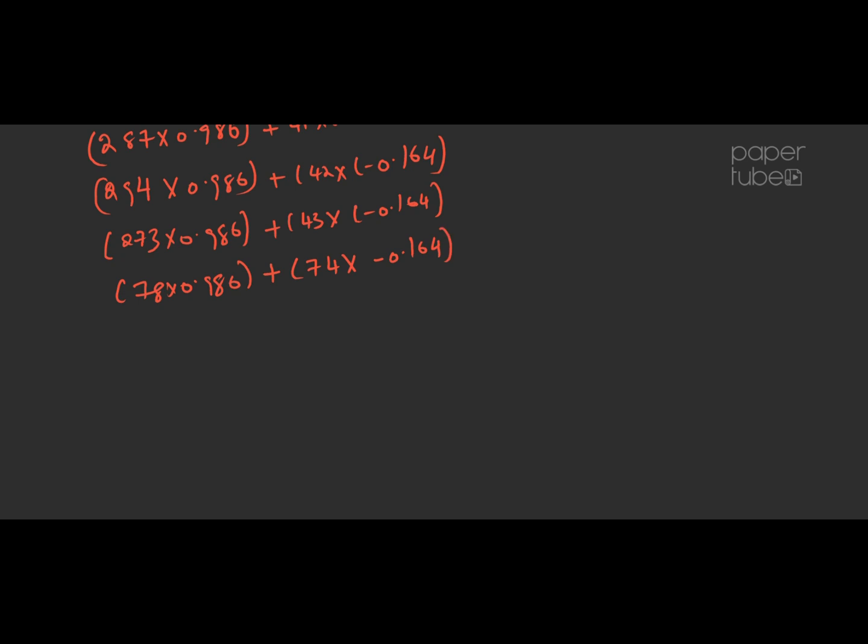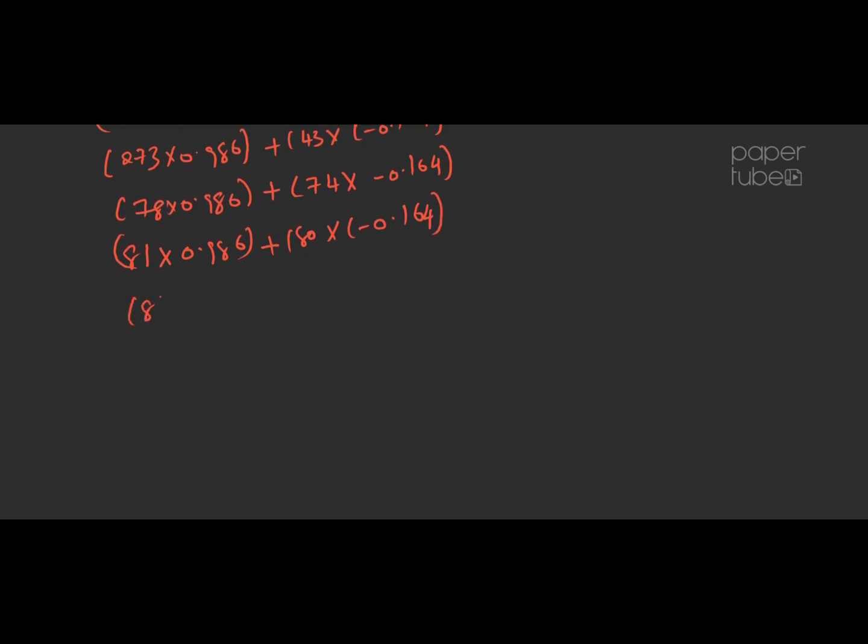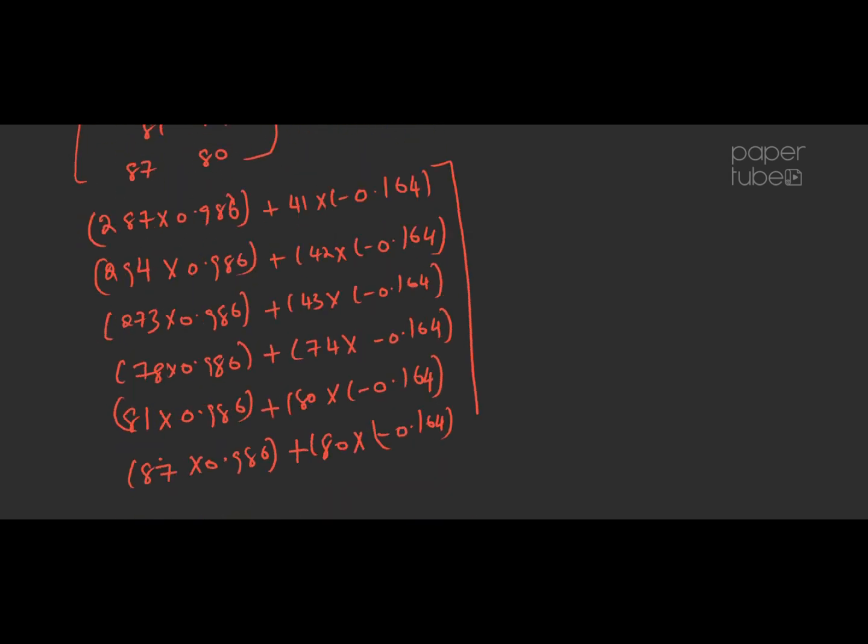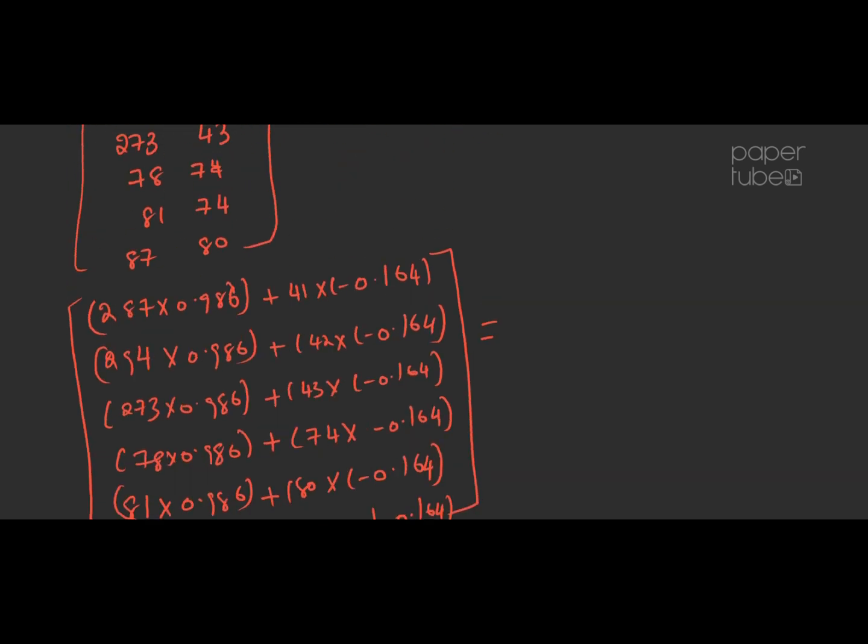And then go to the fifth row in the actual data set, 81 multiplied by 0.986 plus 80 multiplied by minus 0.164, and finally you get 87 multiplied by 0.986 plus 80 multiplied by minus 0.164. So that should give something called the principal component.